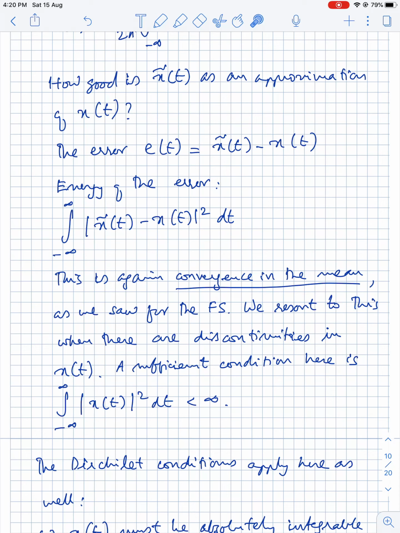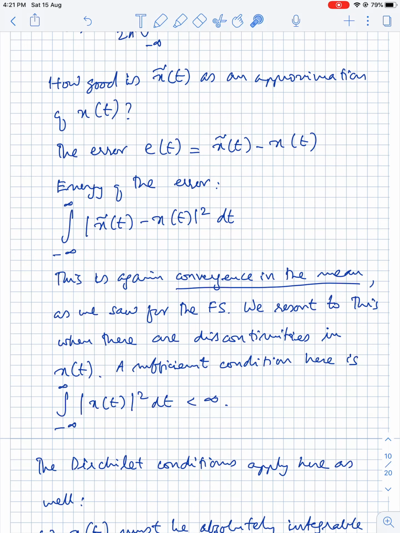Similarly, in this case also, if there are discontinuities in the signal, we will look at convergence in the mean. And like in the case of the Fourier series, a sufficient condition for convergence in the mean is that x of t, the signal which you are going to represent, should be square integrable.